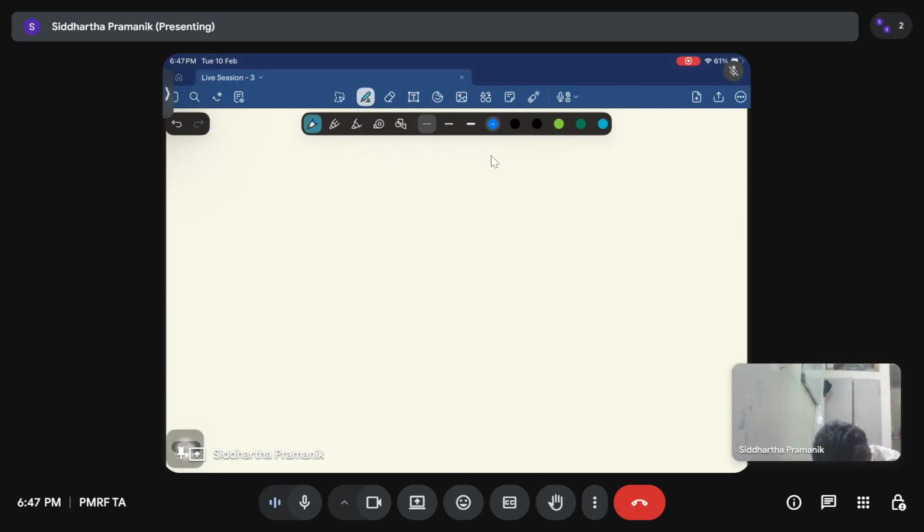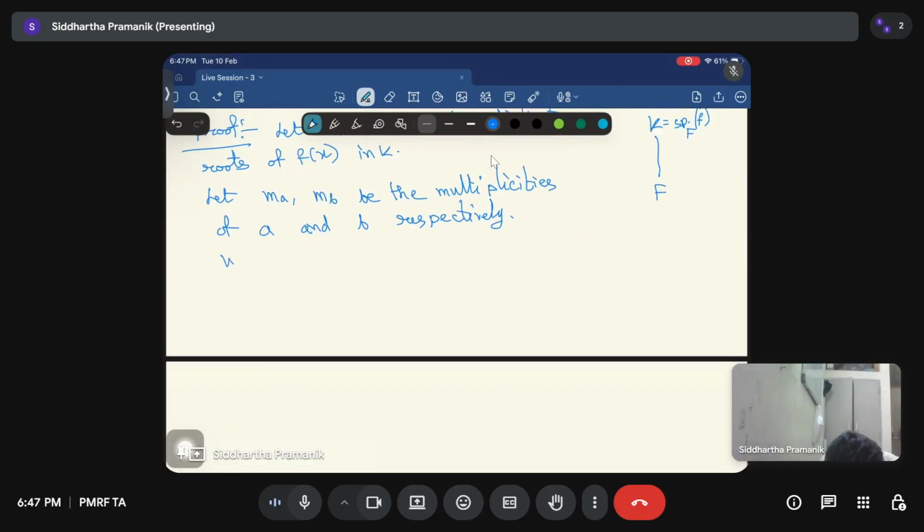So what we want to prove now is m_a is exactly equal to m_b, right? This is what we want to prove.